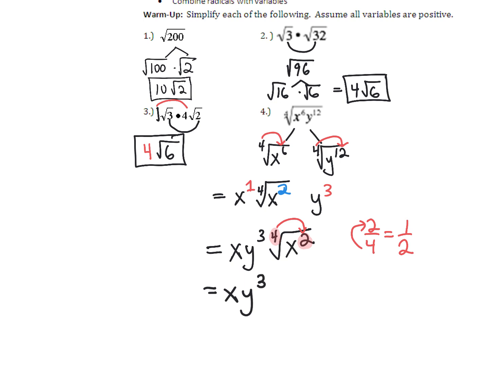So if I use that 1/2, I can use that to rewrite this radical part. So the root is a square root, and that would be x to the first in the radicand. So it's actually the square root of x. That's a good answer there. And that's the skill we call reducing the index.